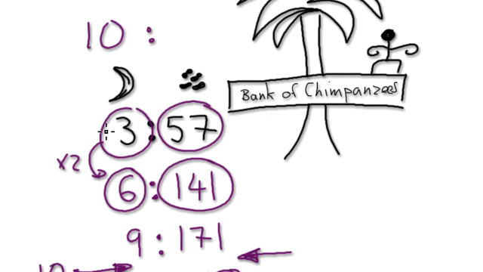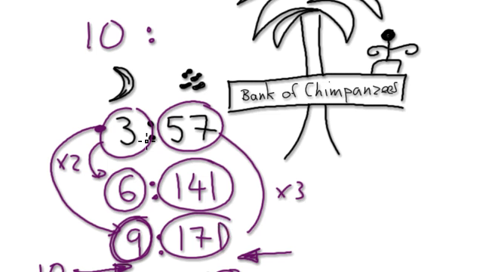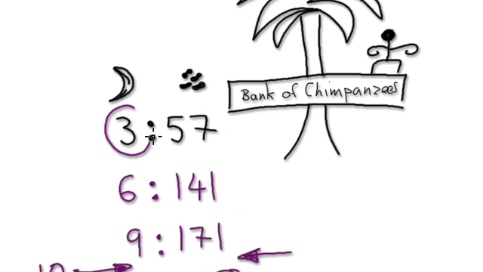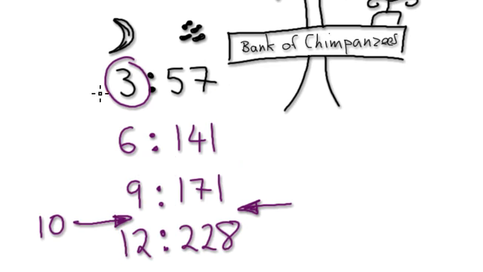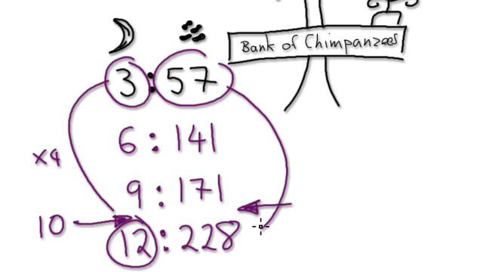If you start at the beginning and times everything by 3, you have 9 bananas, then you will be able to get 171 peanuts. If you go back to the beginning with 3 bananas and times everything by 4, then you will be able to get 228 peanuts, because you also times this side by 4.